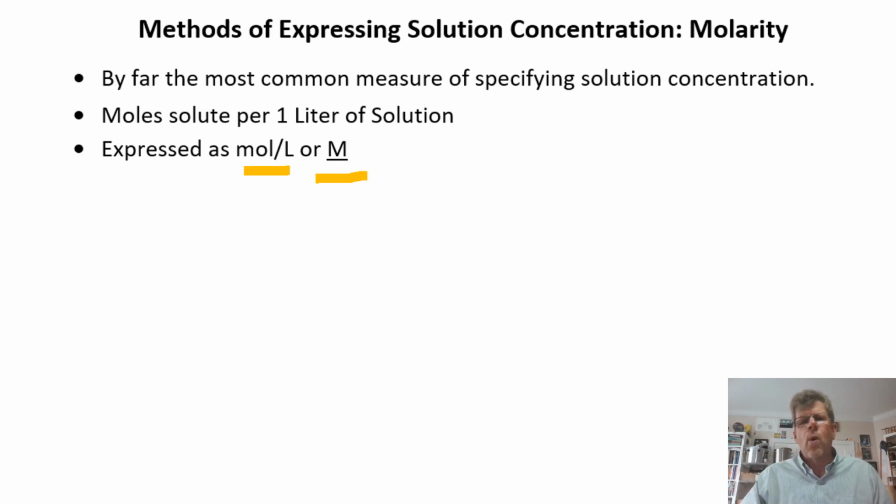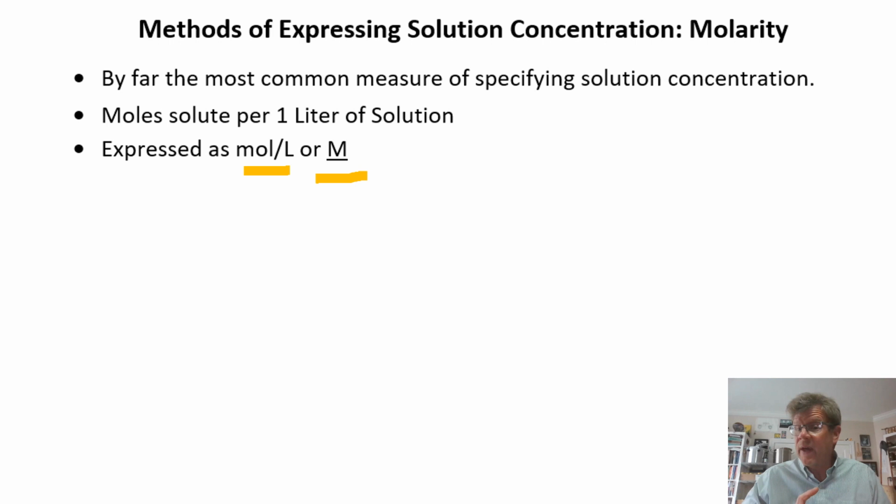So if I had 1 mole of solute in 1 liter of solution, I would say that is a 1 molar solution. I'll be saying that a lot, just so you know. A 1 molar solution means that we have 1 mole of solute in 1 liter of solution.